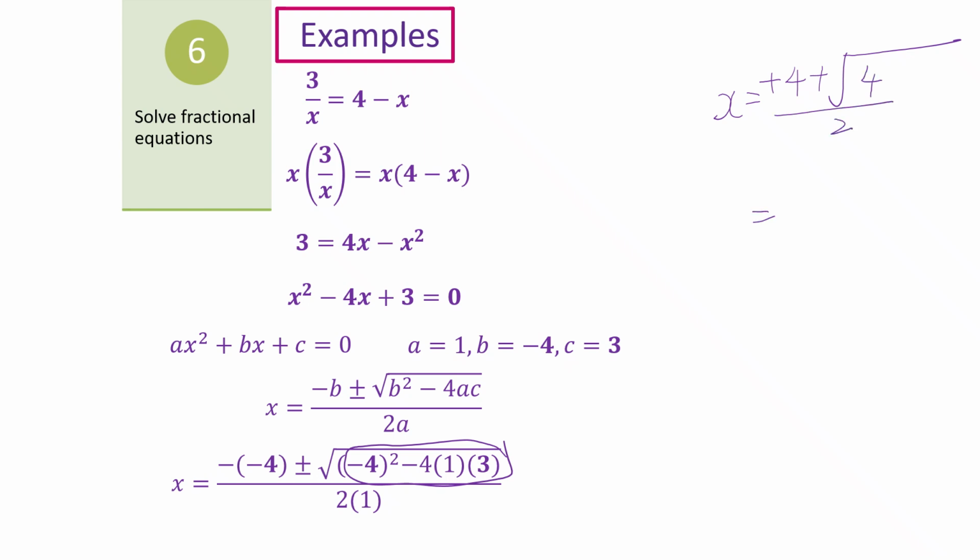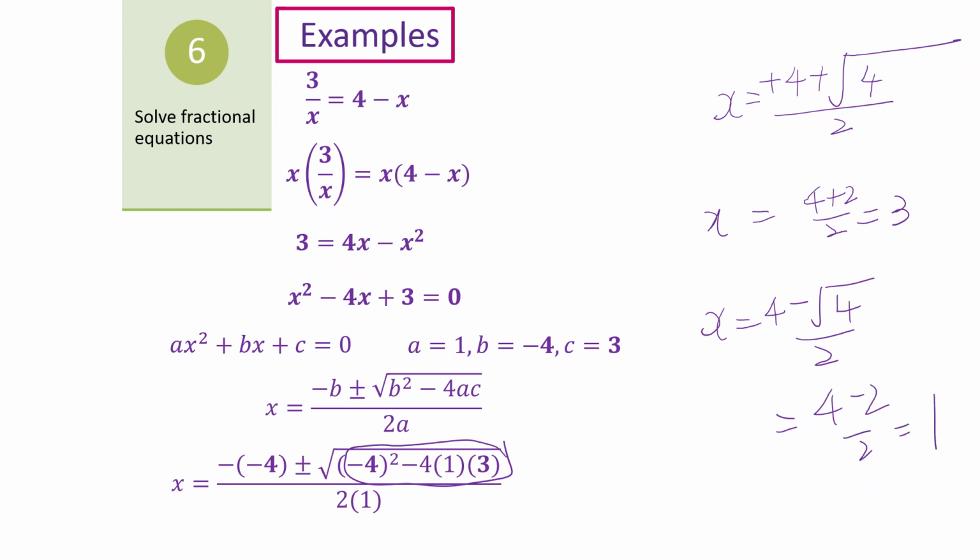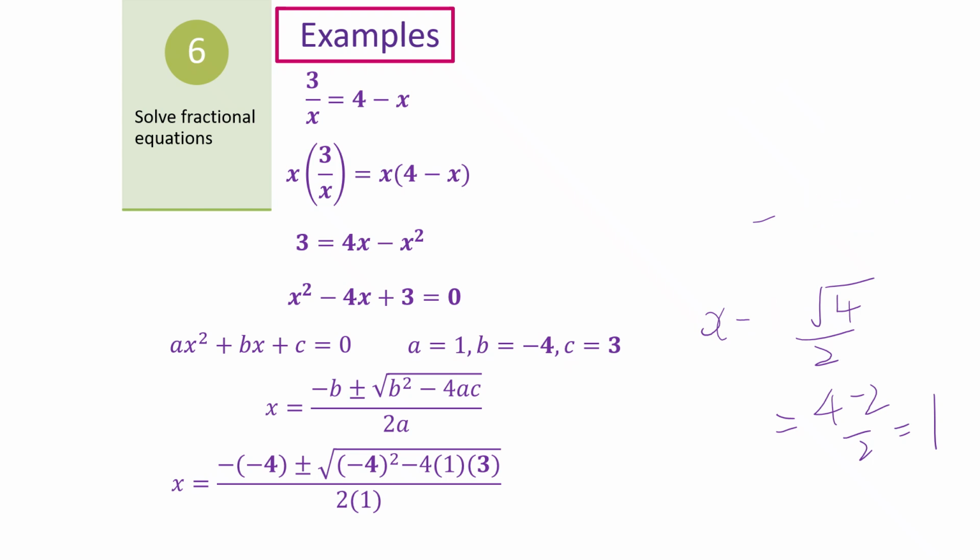That's one answer. And the second answer will be x equals 4 minus square root 4 over 2, and that gives you 1. Alright, so that's how we do it. Let's look at the next example.